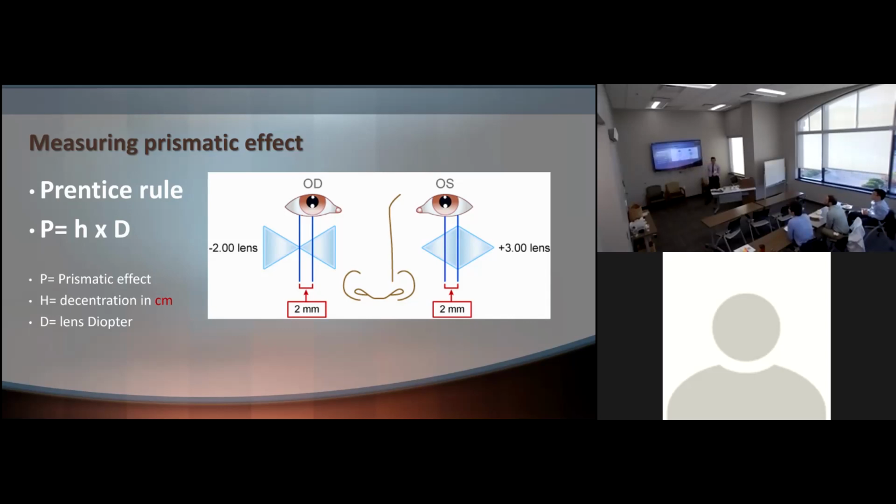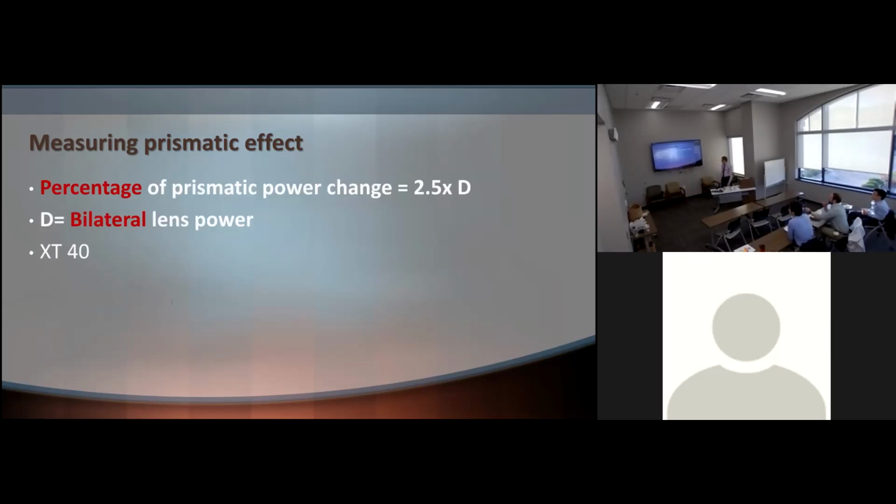So let's say the patient has esotropia. They are looking 2 millimeters nasal to the optical center, and the lens is only 2 diopters. So this is 0.2 centimeters times 2 diopters. This is a very negligible prismatic effect. But you can imagine things will get worse when you have high refractive errors.